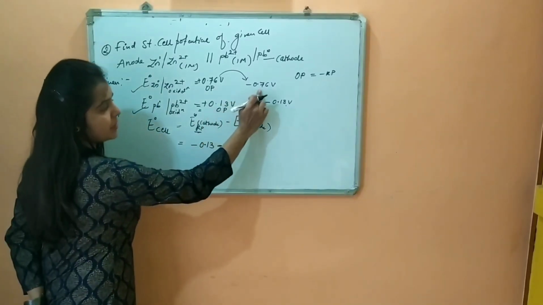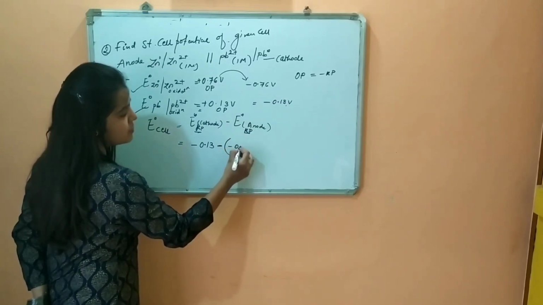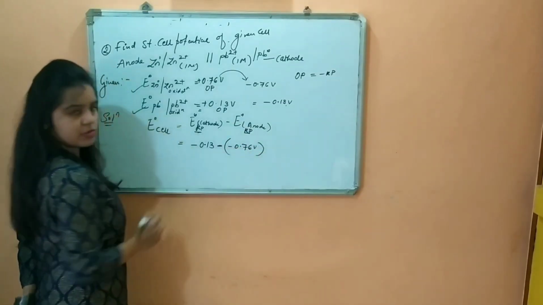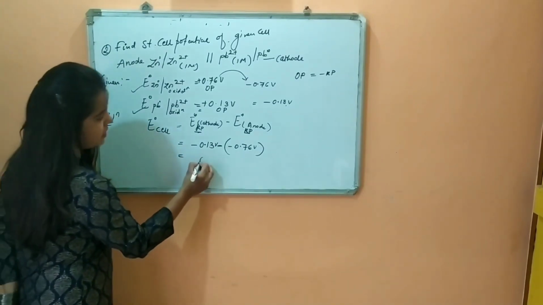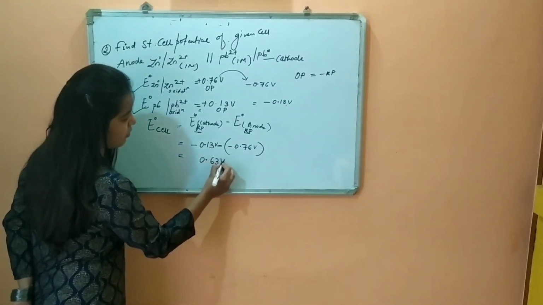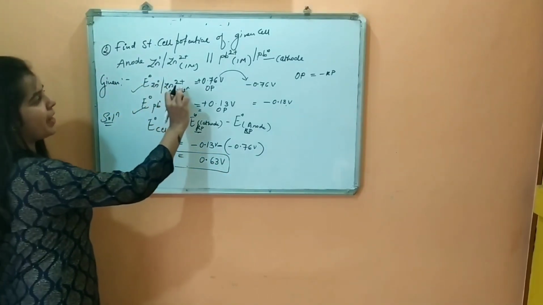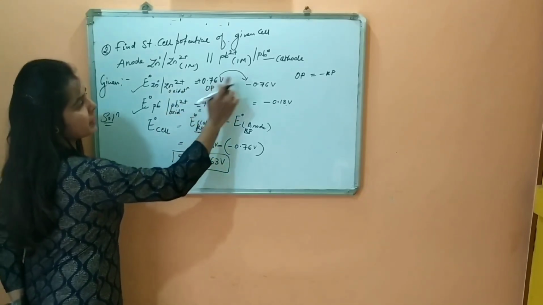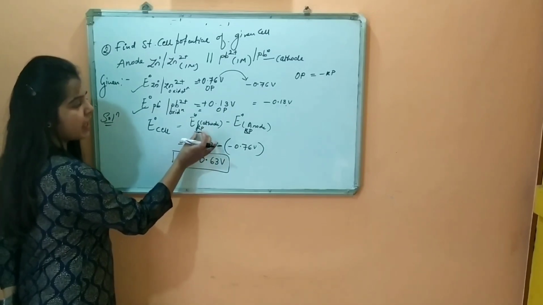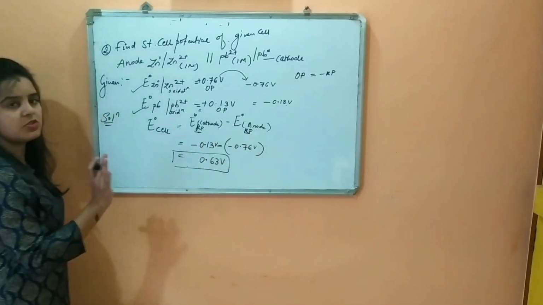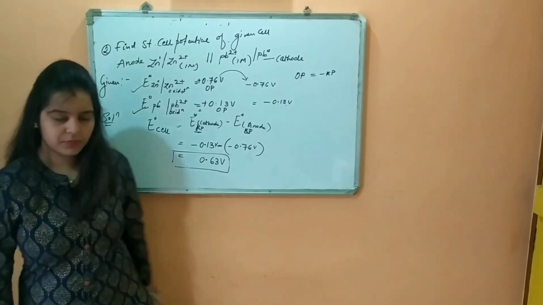And its reduction potential we have converted to minus of 0.76 volts. So the answer would be 0.63 volts. This is the way you have to convert oxidation potential to reduction potential, because in the formula, we require only the reduction potential and not the oxidation potential. Thank you.